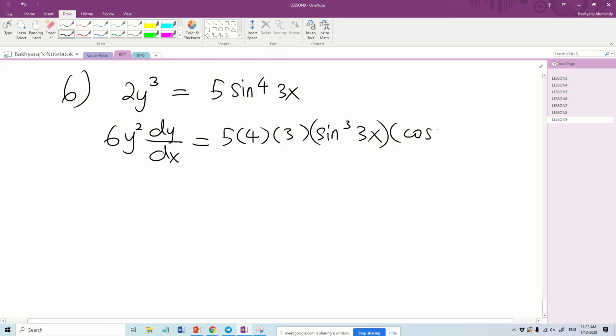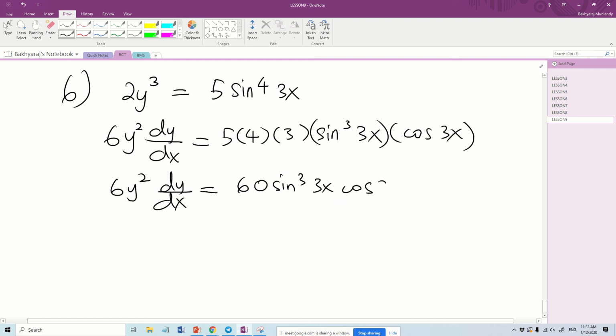So ini akan dapat cos 3x. Okay, so my last answer will be 6y squared dy dx equal 60 sin 3x, 3x, cos 3x.